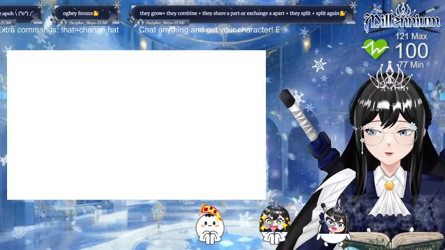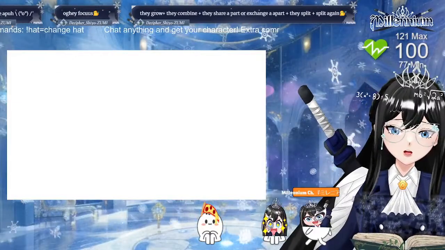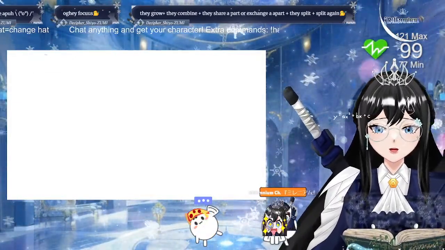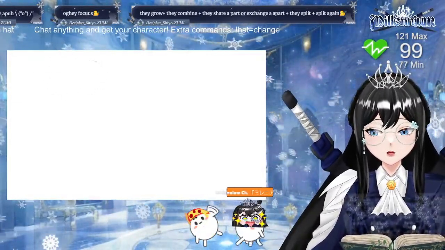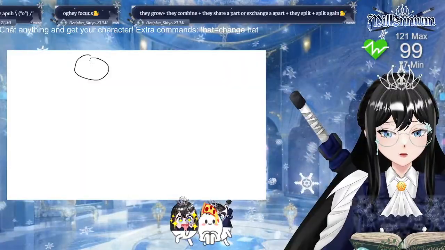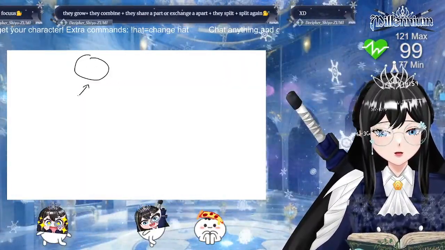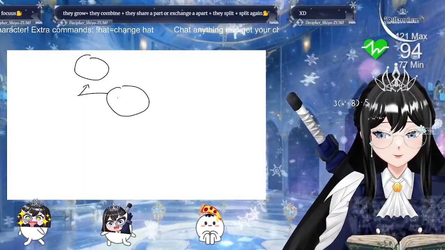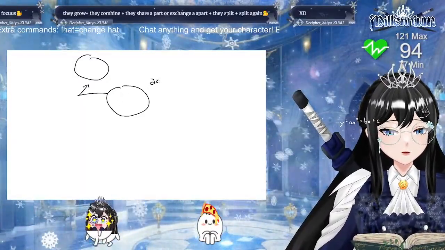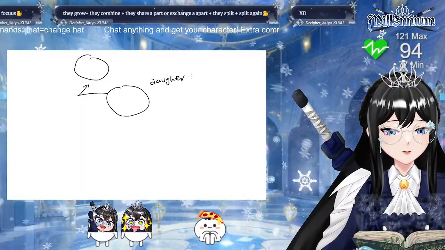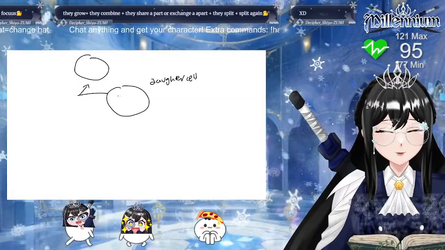And meanwhile, regarding growing and splitting again, they look like smiley faces in my notes. Let's say you start here. You have a daughter cell, a normal cell here.